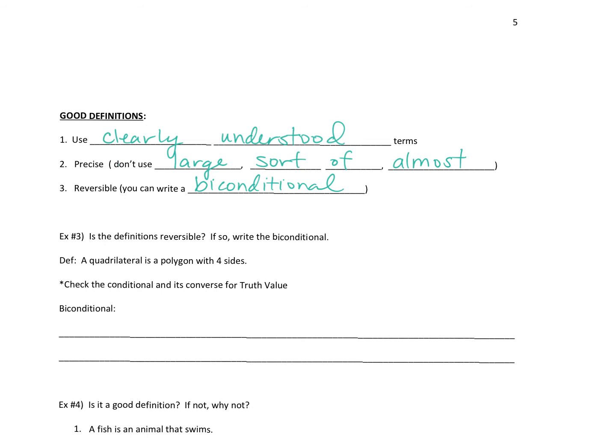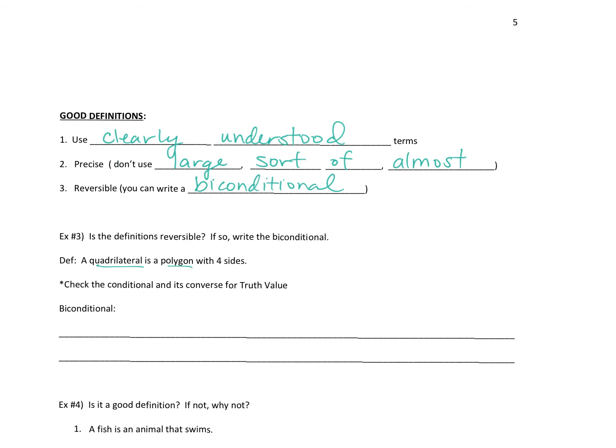So we're going to look at this and determine if this is a good definition. Let's say the definition is a quadrilateral is a polygon with 4 sides. You need to check, could I write a conditional and a converse and both would be true? Now this is a little bit tricky. We wouldn't say if a quadrilateral is a polygon, because a quadrilateral is always a polygon.